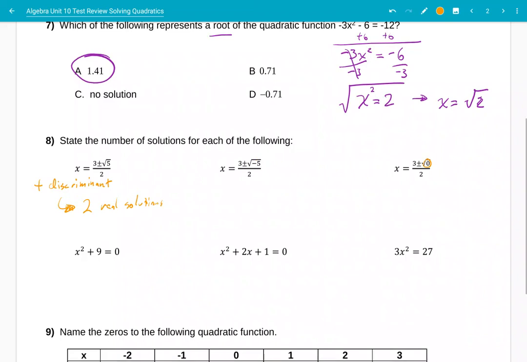A negative discriminant right here means no real solutions. And then here's the other one. A 0 discriminant means that it's just sitting on the x-axis there, so you have 1 real solution.